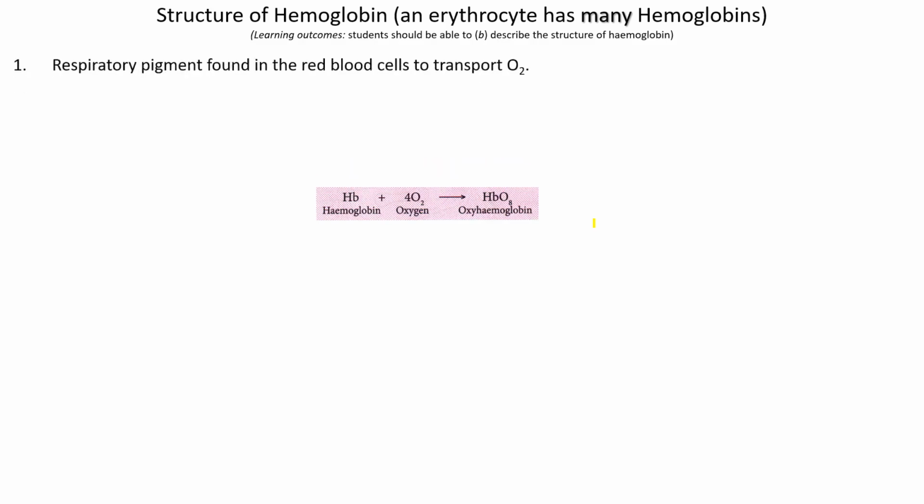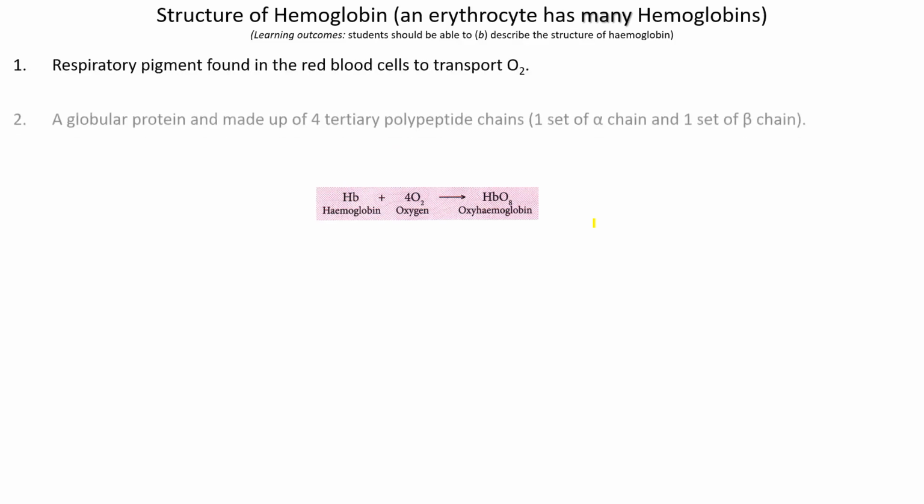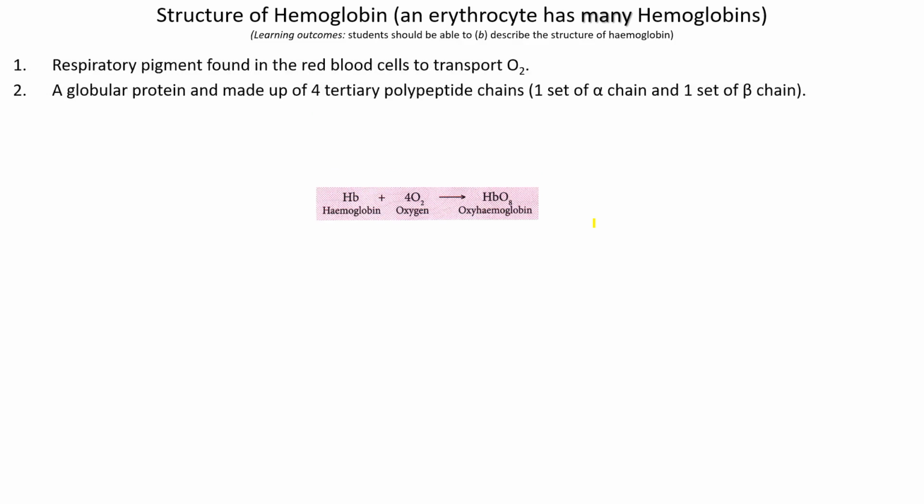Hemoglobin is a respiratory pigment which can be found in the red blood cells to transport oxygen, and it is a globular protein which is made up of 4 tertiary polypeptide chains. Okay, so four tertiary polypeptide chains means it consists of one set of alpha chain and a set of beta chain, except for the fetus, which has a set of gamma chain and a set of beta chain.